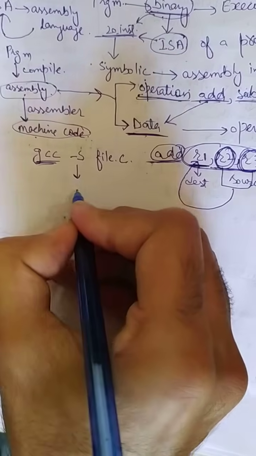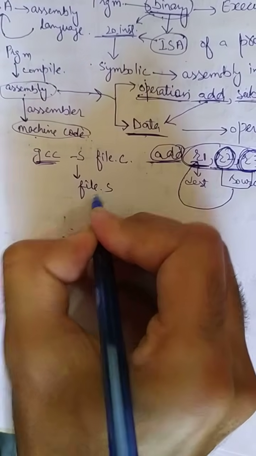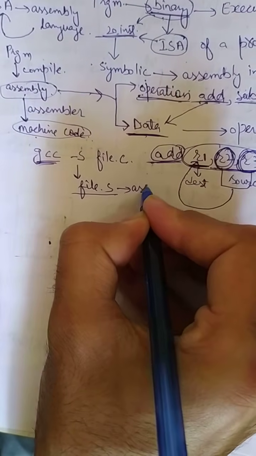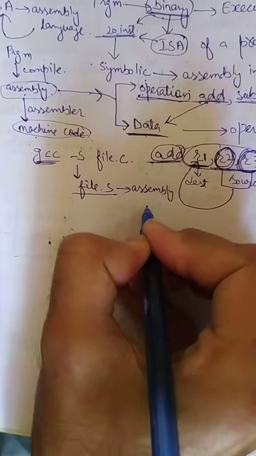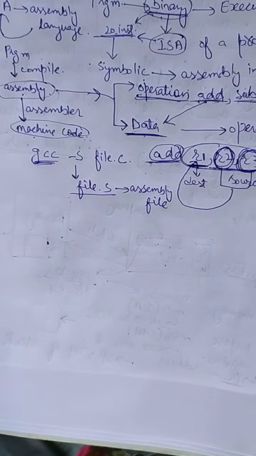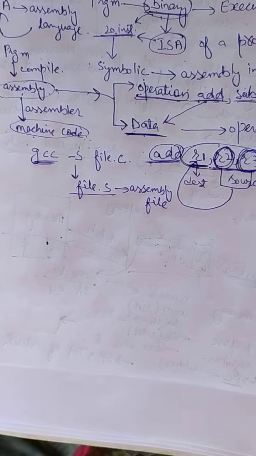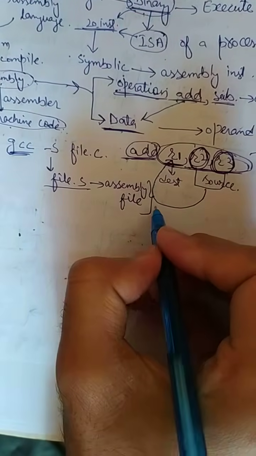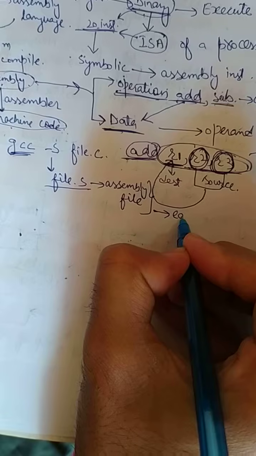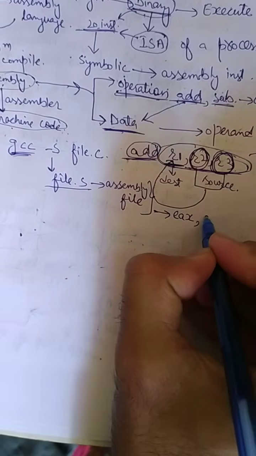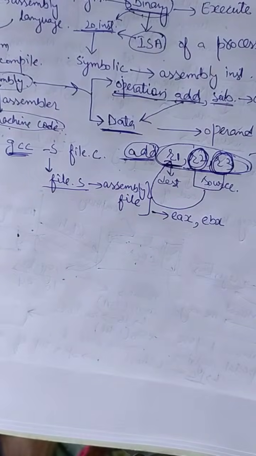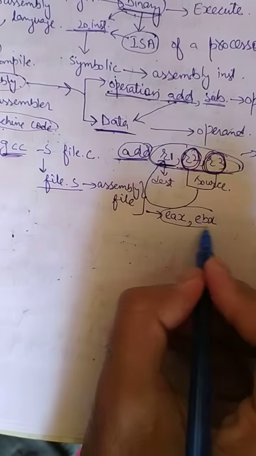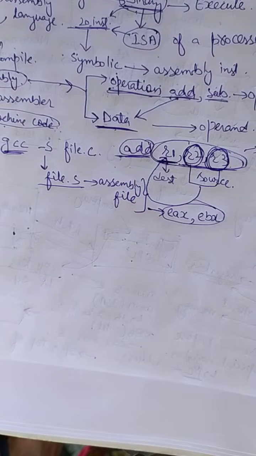The output will be file.s, and this will be an assembly file. Assembly file specific to your architecture, whatever your architecture is. Since I expect that most of you are using Intel processors, if you see this assembly file, it will have some instructions with these operands, EAX, EBX. You will understand that these operands are the registers.